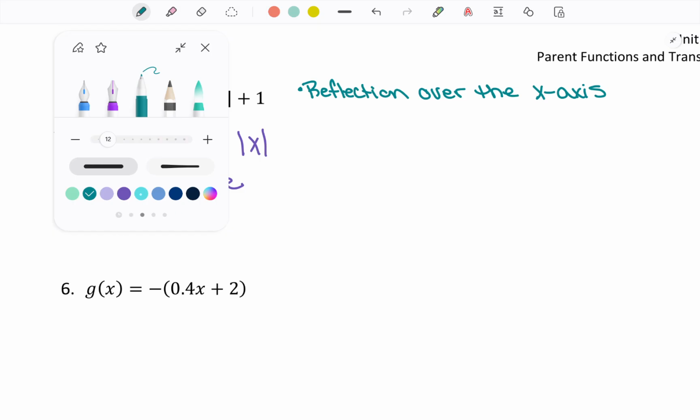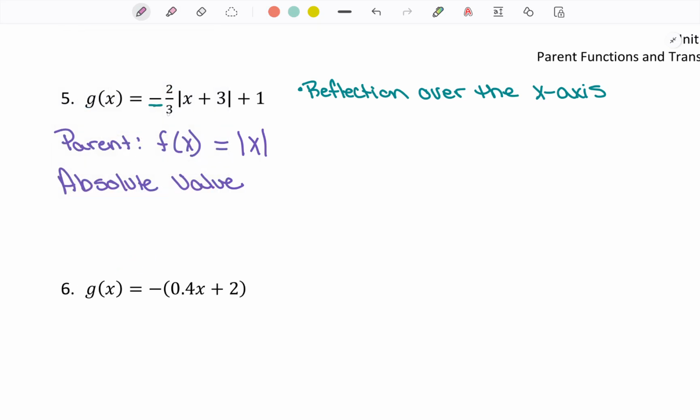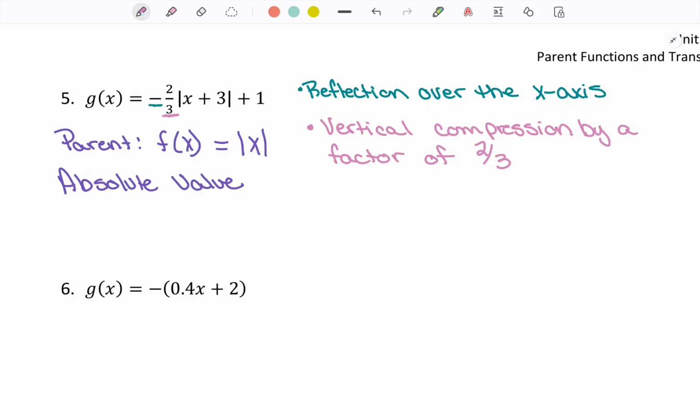And then next, the 2/3 is vertical compression by a factor of 2/3.